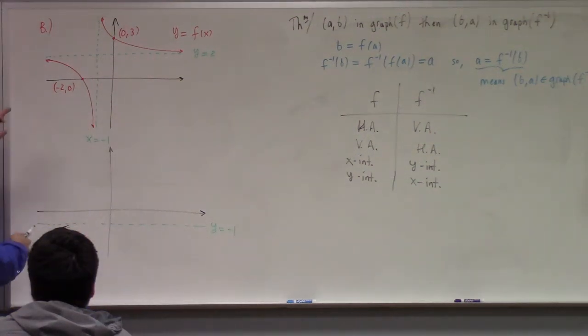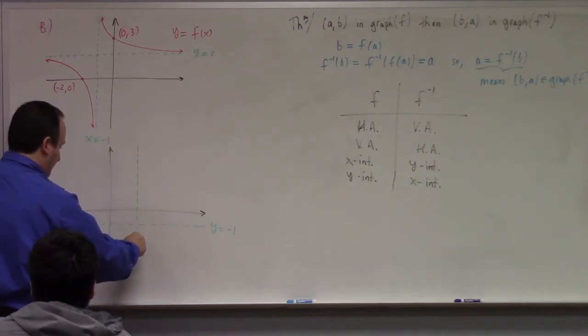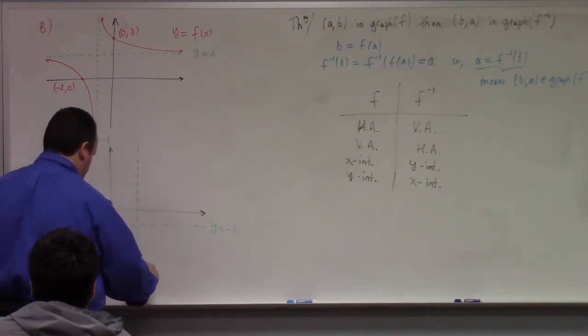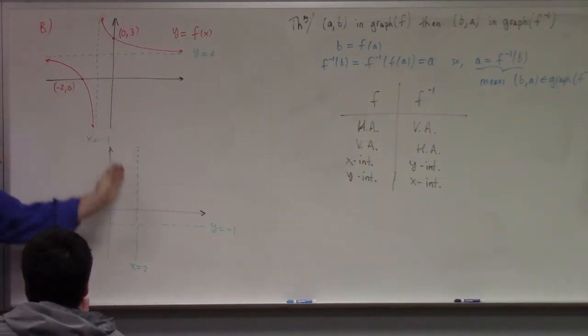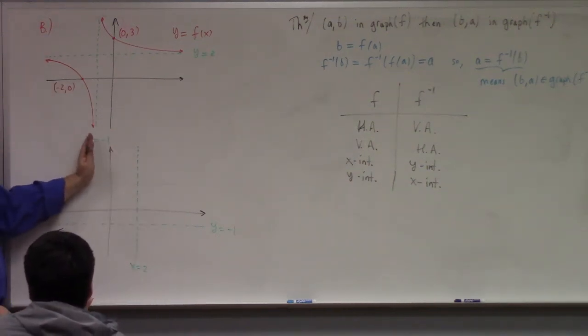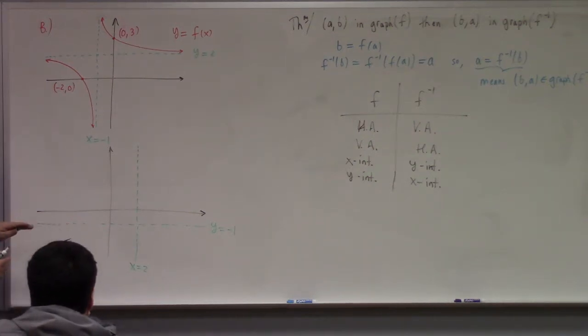And then a vertical one, x equals 2. So what was a horizontal asymptote becomes a vertical asymptote. What was a vertical asymptote becomes a horizontal asymptote. That's the duality between the function's graph and the inverse function. This is the mirroring.